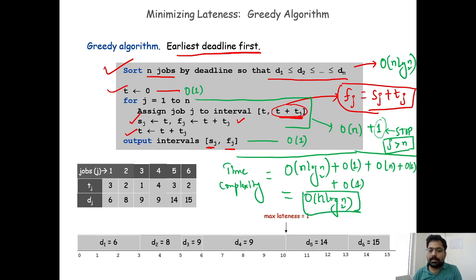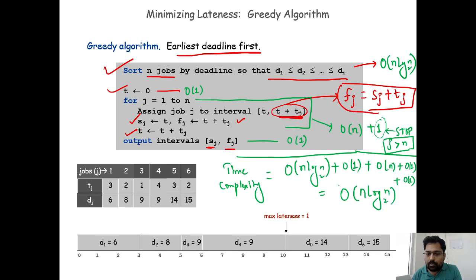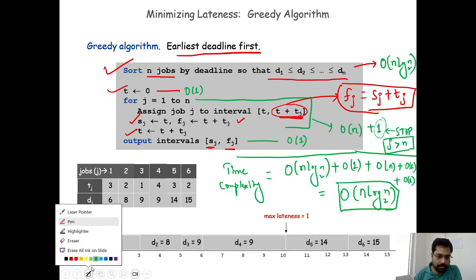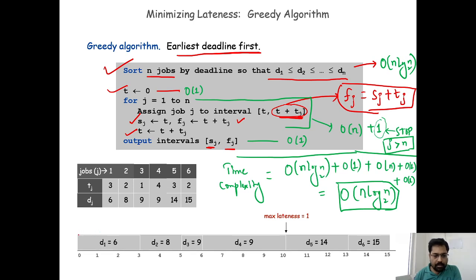That's why we can say the time complexity is n log n base 2. This is the time complexity which we got. Now I'm changing the color. Here we started with the earliest deadline.